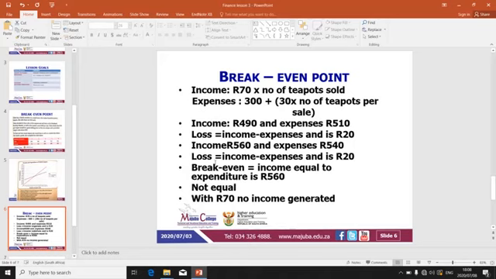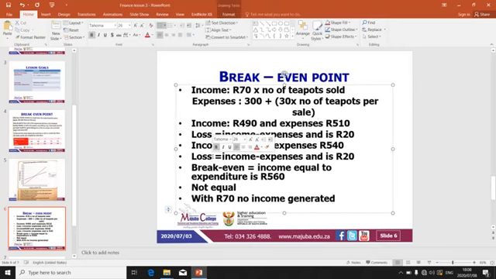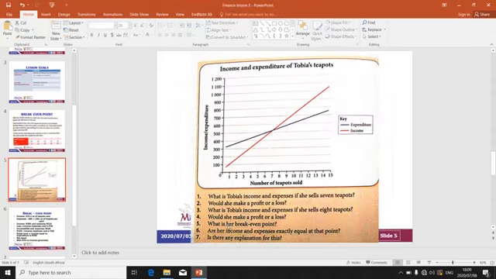Then it is a loss, because it is a profit, I'm sorry. This is a profit because it's 560 minus 540. 560 is bigger than 540. 560 minus 540, you get 20 rand, which is a positive number. So it's the profit. Let's go to the next question.